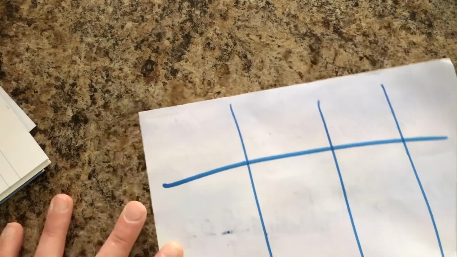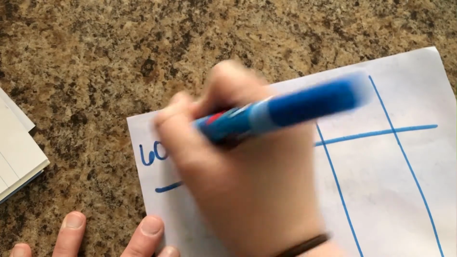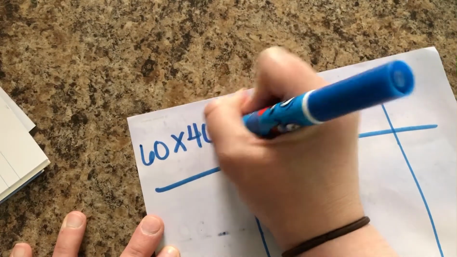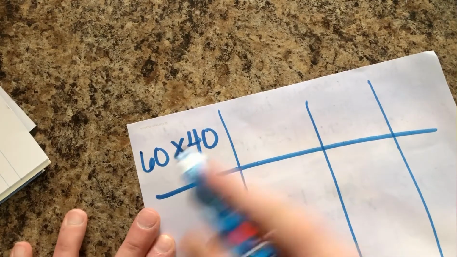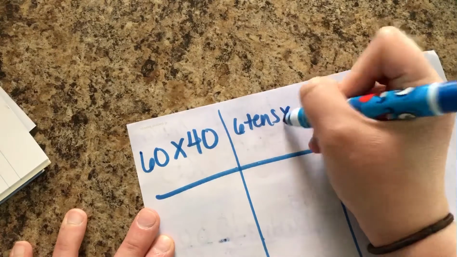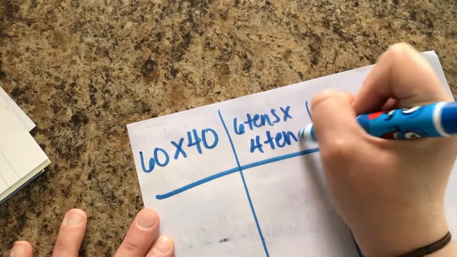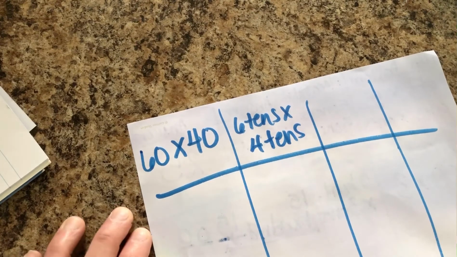Okay, so let's do another one of those just quickly. Let's do 60 times 40. Okay? Again, how many tens do we have? We have 6 tens. And we have how many tens here? 4 tens. I wish you guys were here so you could answer me. Okay, so 6 tens times 4 tens.